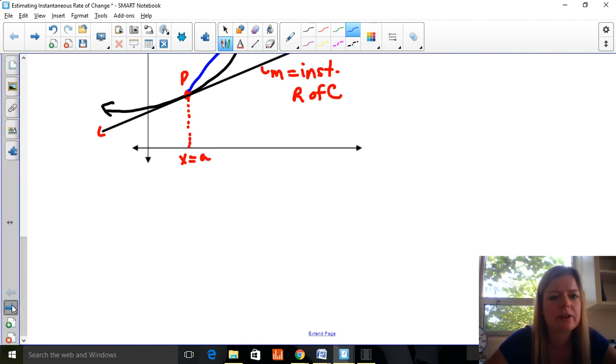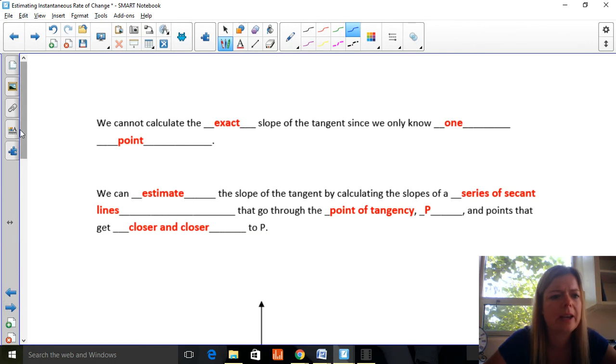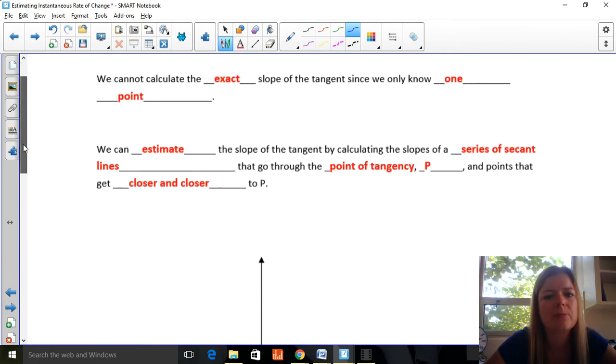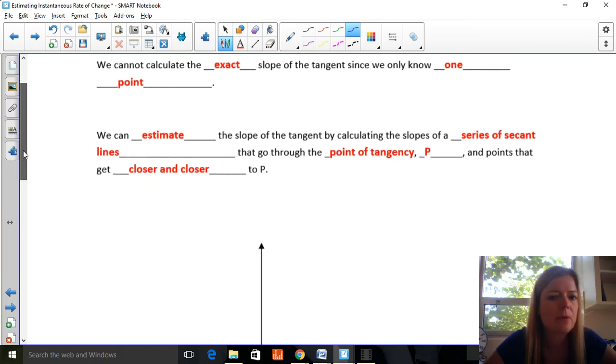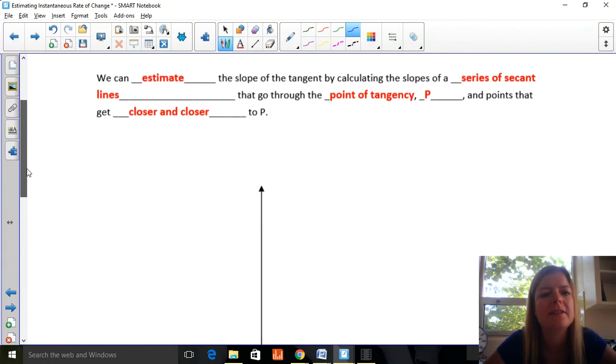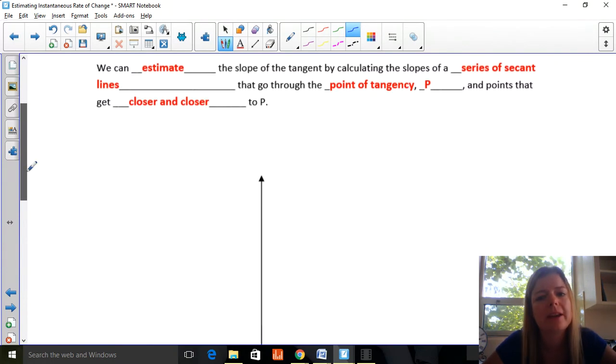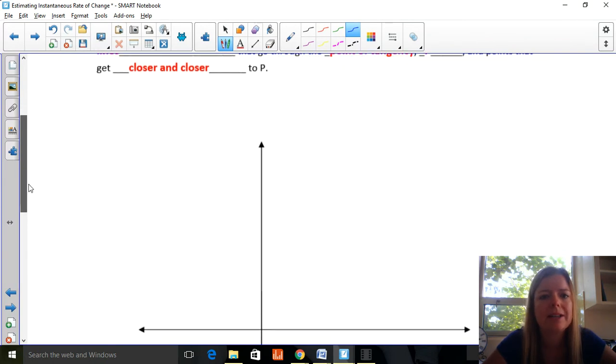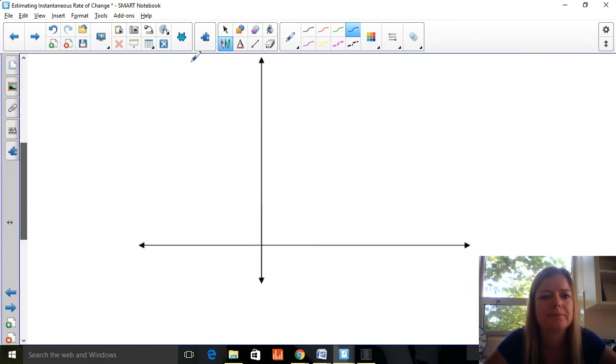Okay, so we cannot calculate the exact slope of the tangent since we only know one point. We can estimate the slope of the tangent by calculating the slope of a series of secant lines that go through the point of tangency P and points that get closer and closer to P.